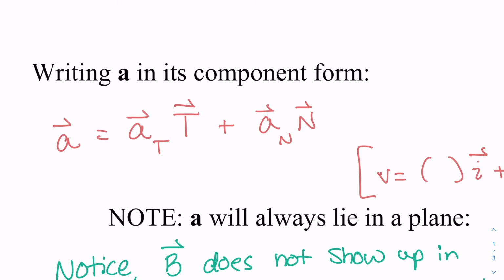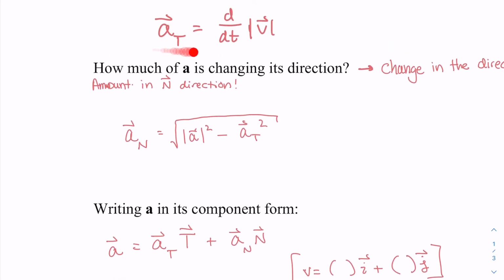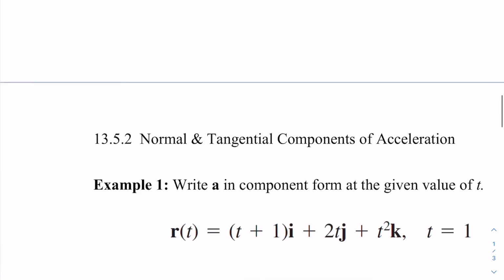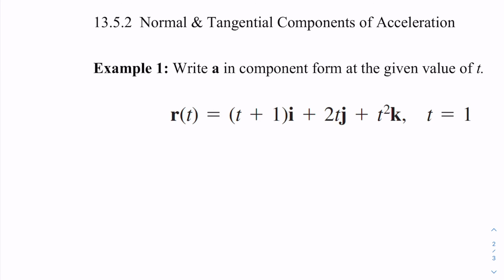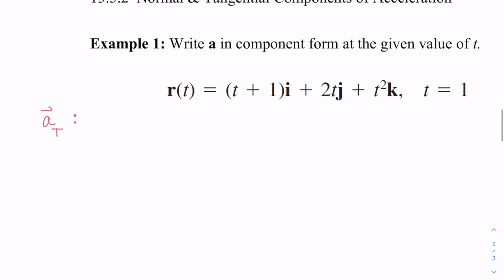So first we'll start by looking for the acceleration in the tangent direction. So we'll first start by finding the derivative of the speed function. So first we'll find a_T. And so that's going to be the derivative of speed.